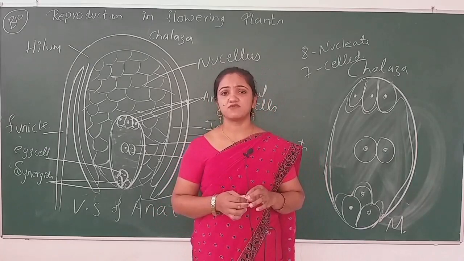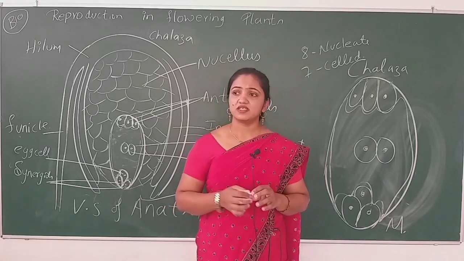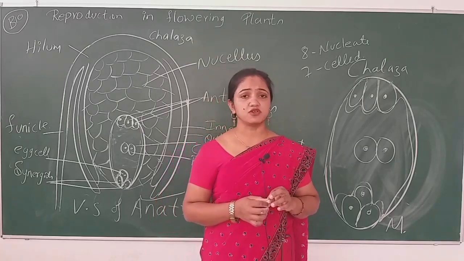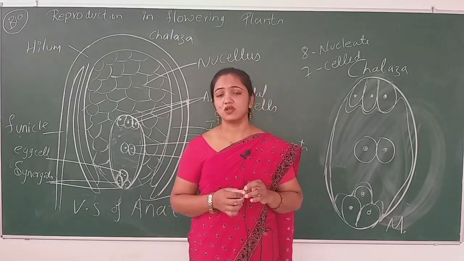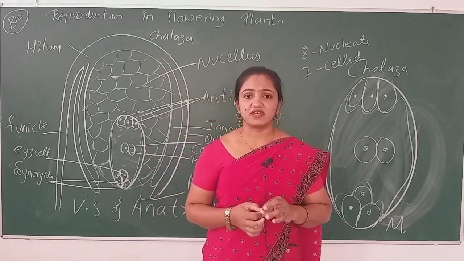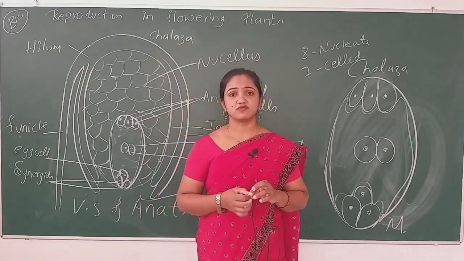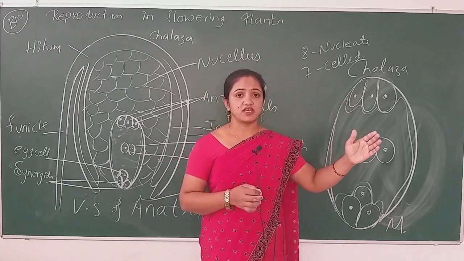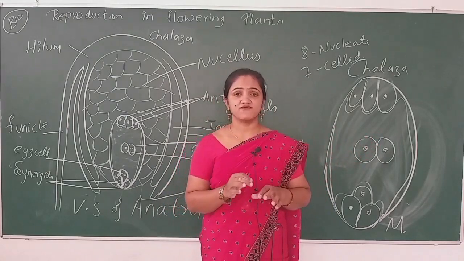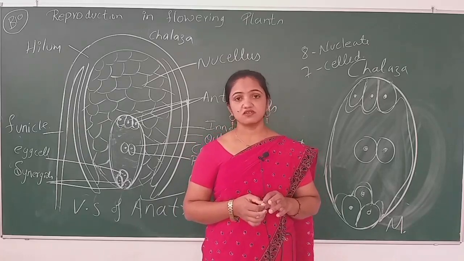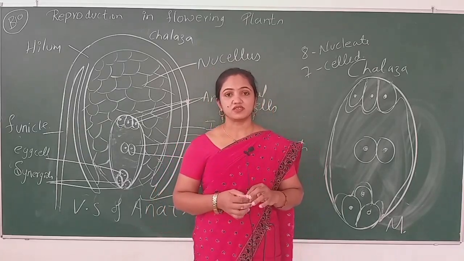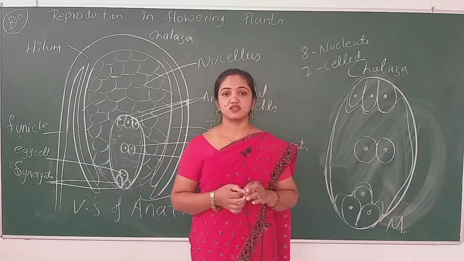In the first chapter we talked about asexual reproduction, how organisms reproduce by asexual means, and after that we studied how reproduction takes place in flowering plants, not asexual but sexual reproduction. We have completed that. But in the third chapter we are going to study human reproduction. That is the third chapter.